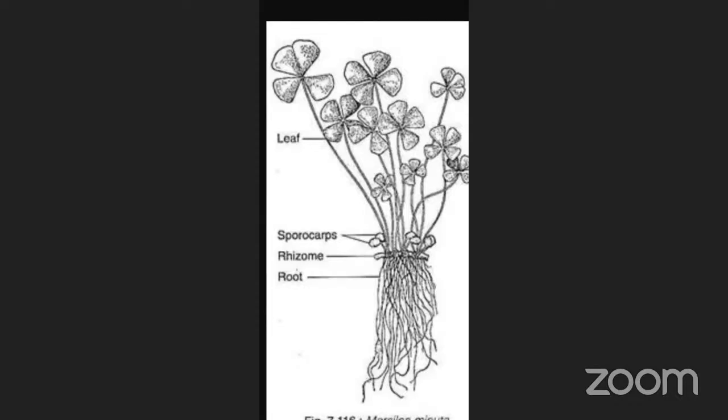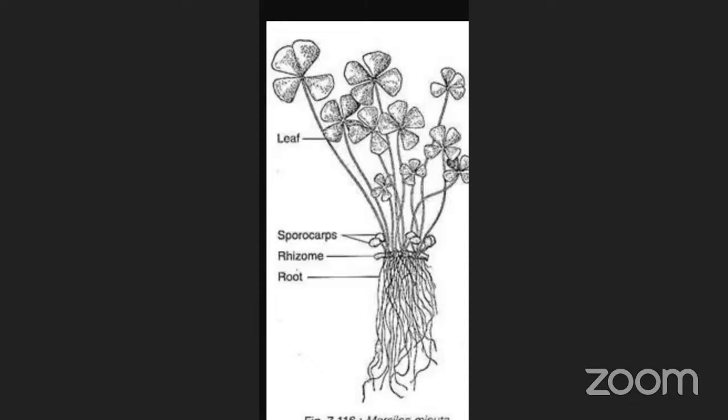The division is Pteridophyta, class is Leptosporangiopsida, order is Marsileales, the family is Marsileaceae, genus is Marsilea. So the external structure: the Marsilea plant body we call the sporophyte, meaning a diploid condition is there. That's why it is the sporophyte.